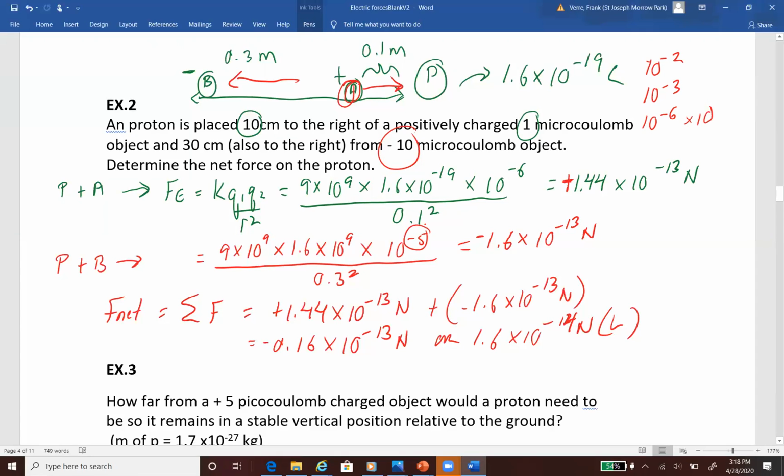Okay. Then there's nanocoulombs. Nano would be 10 to the negative 9. Actually, in the next example, we have something called a picocoulomb, which is 10 to the negative 12. So nano would be a billionth, and a pico would be a trillionth. Okay?